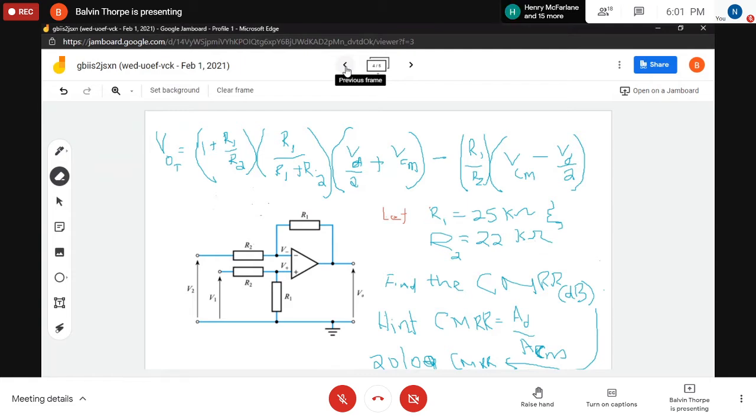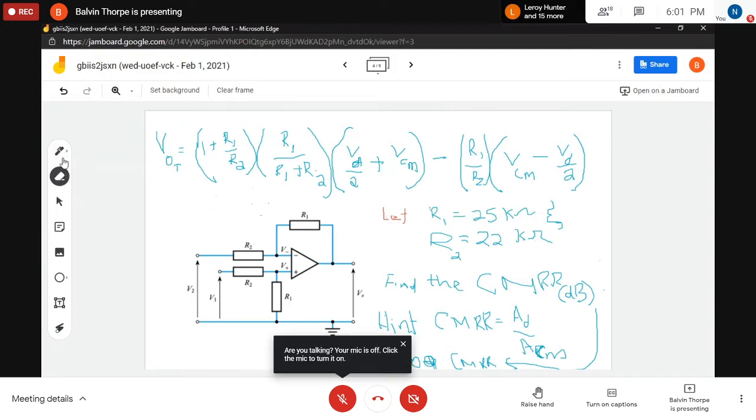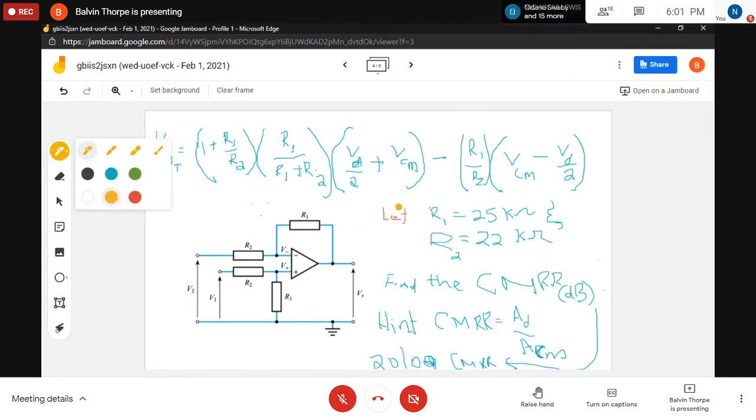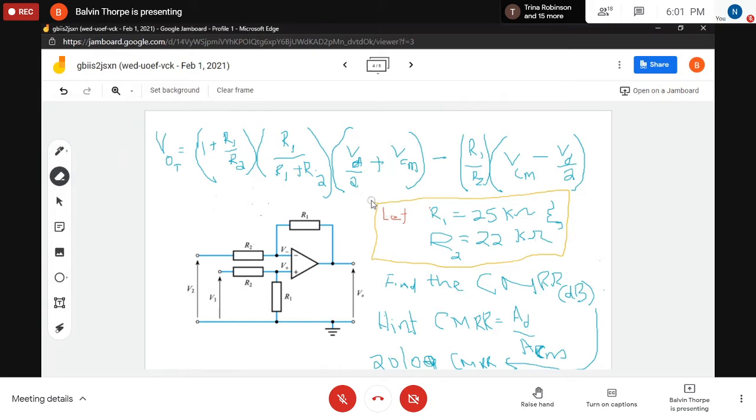Good? Now, remember that this is the difference or the subtract amplifier. Let me show you how this becomes important. Suppose, ladies and gentlemen, I gave you that for this subtractor, let R1 be equal to 25 kiloohm and R2 equal to 22 kiloohms.